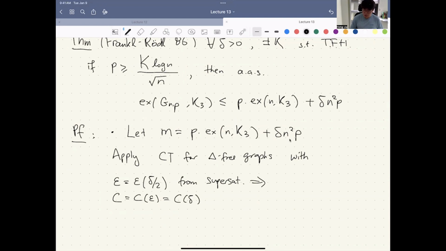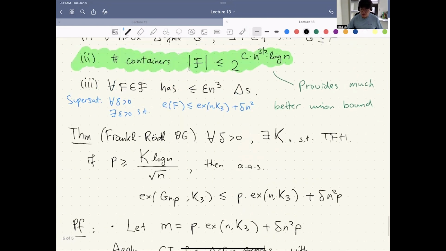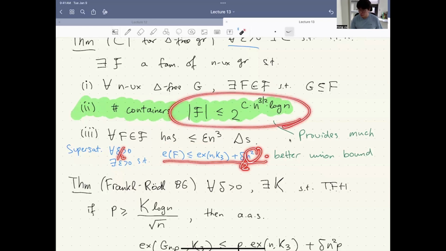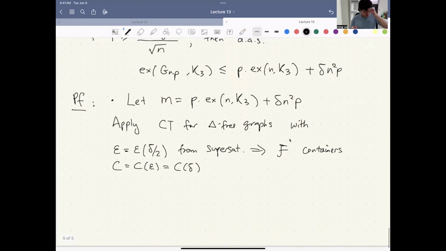This means we get containers satisfying that each container has at most epsilon n cubed triangles. The number of edges is at most the extremal number plus delta over 2 times n squared, because you apply with delta over 2. And then the number of containers is at most this much, and so on.